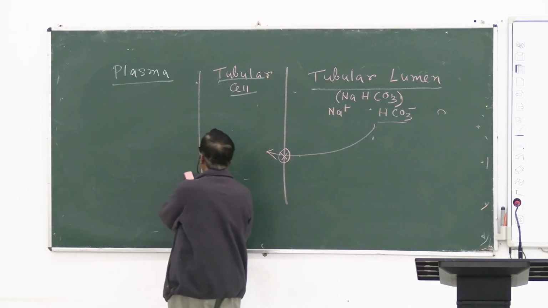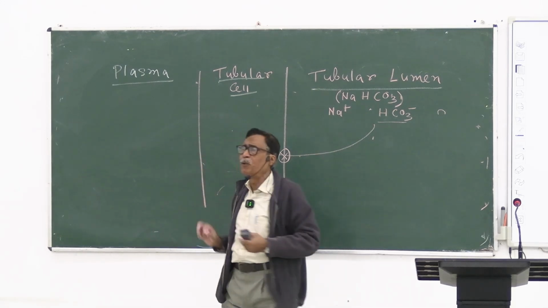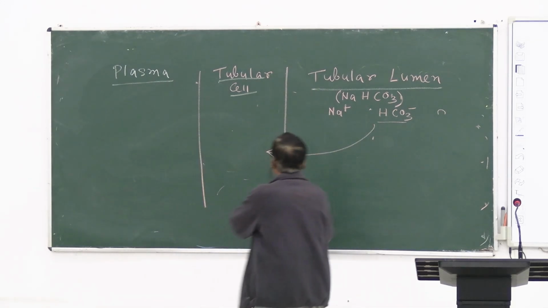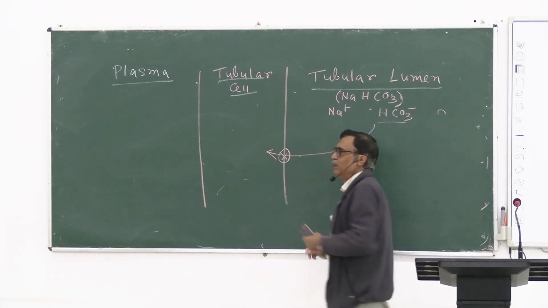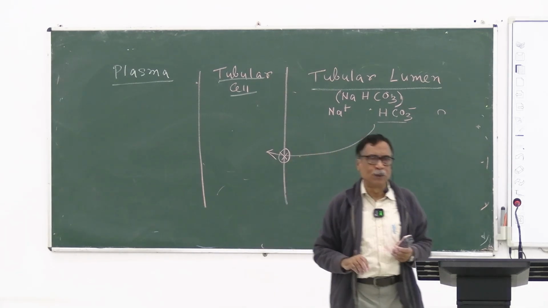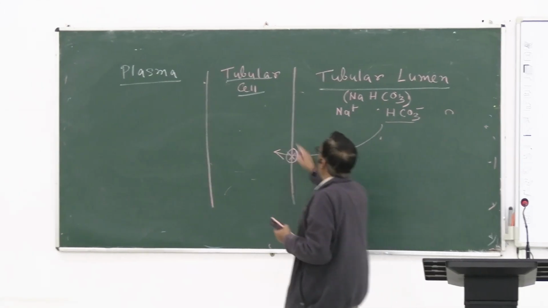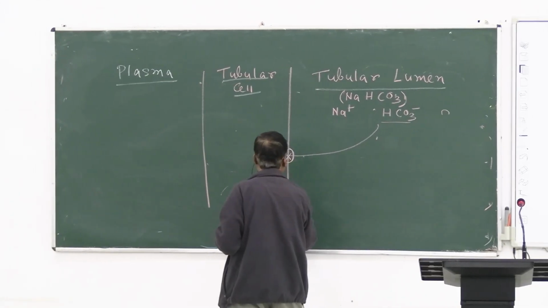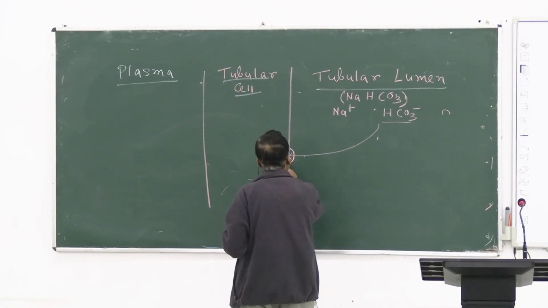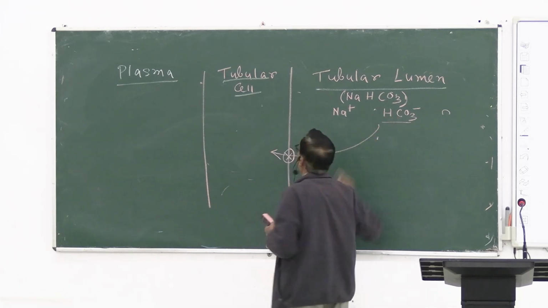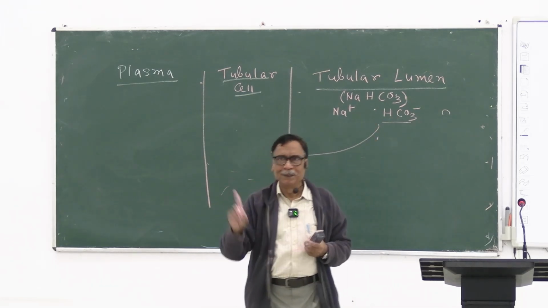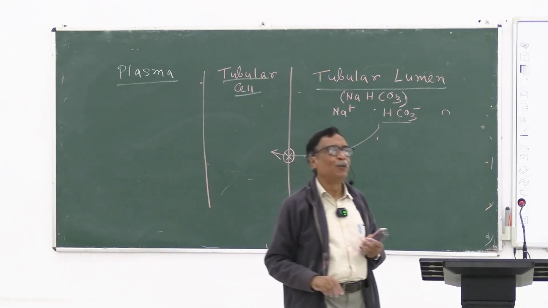Towards blood, the border is known as basolateral border, and towards lumen it is known as brush border or tubular border. তাহলে টিবুলার বর্ডারে যে মেমব্রেনটা আছে, the membrane present in the tubular border is impermeable to bicarbonate. যেতে পারবে না. Then how it will go?